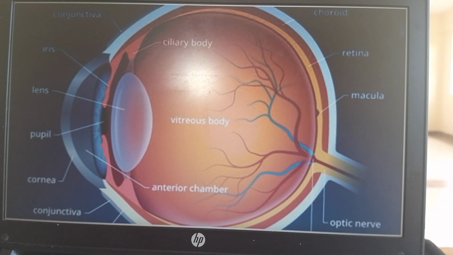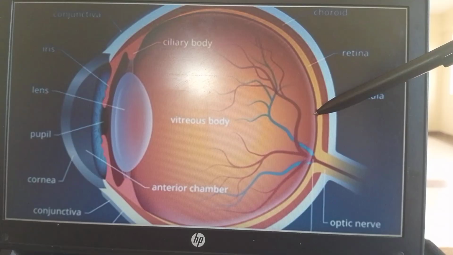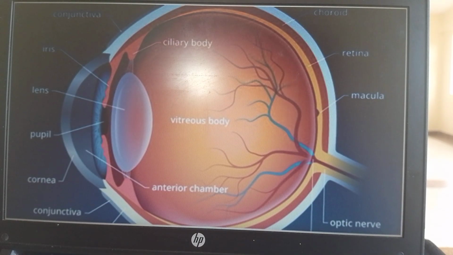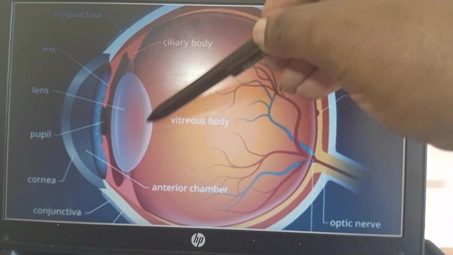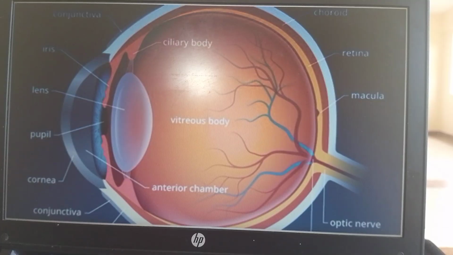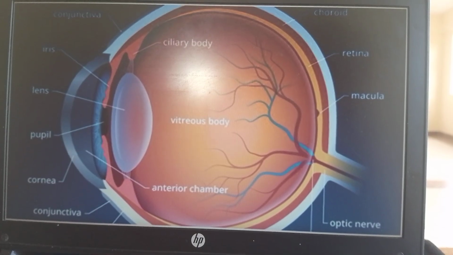The function of the lens is to focus light to the retina, and what you need to remember is that this lens changes in size in the process we refer to as accommodation, so as to focus light to the retina to bring an image into sharp focus.